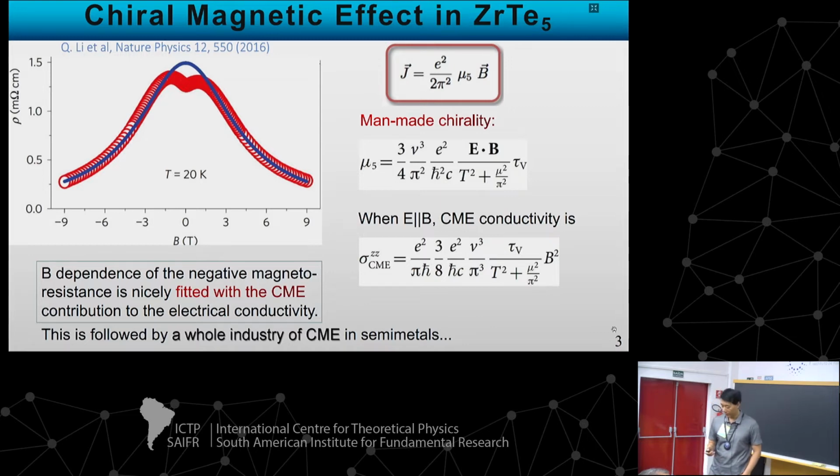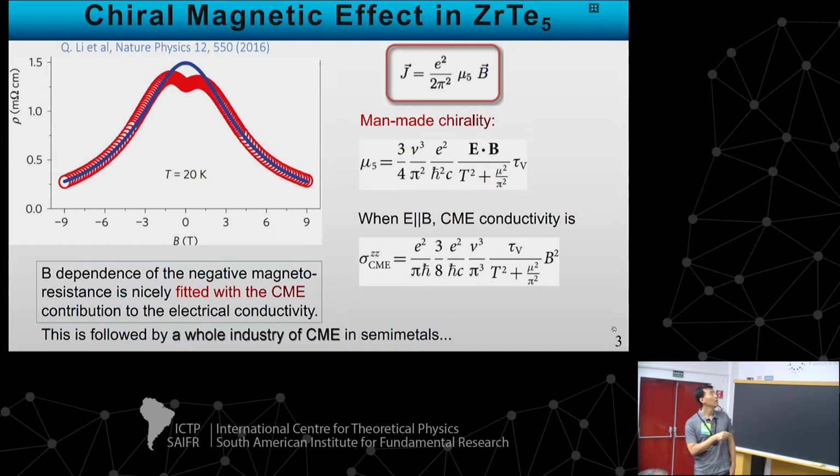The CME physics has been shown to be correct in condensed matter experiments. This is one of the early papers published in Nature. With man-made materials, they can put the chirality in by hand.